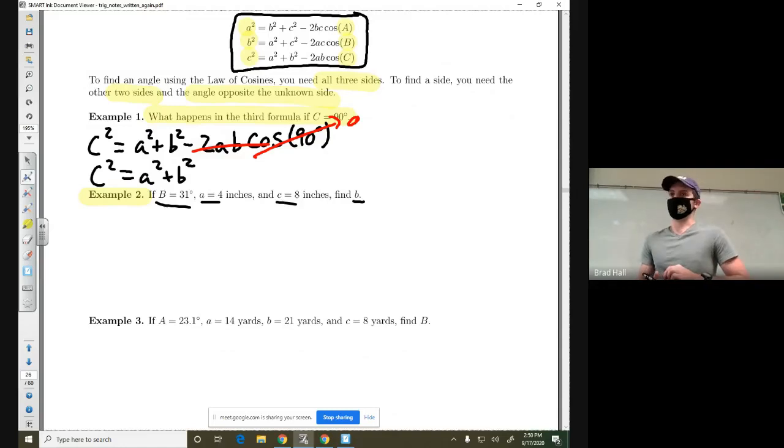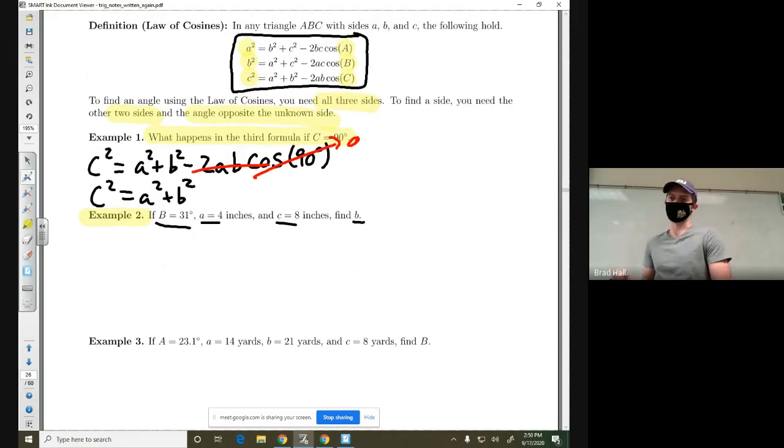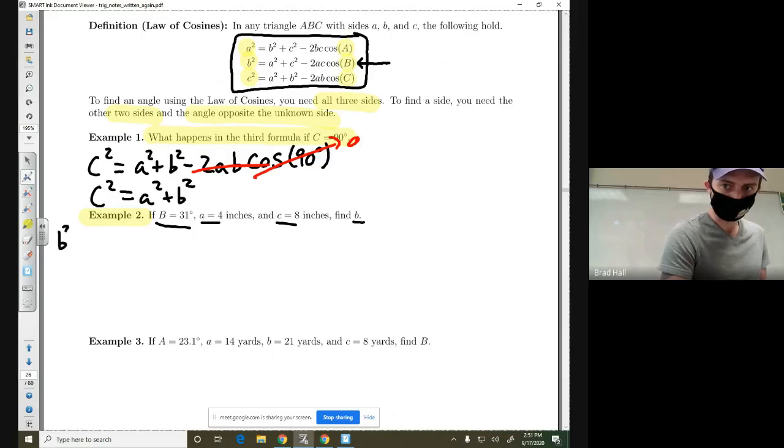So we need to figure out which one of these formulas to utilize. Well, I think it should be clear which one of these three formulas we should use. Probably the only one that actually has a capital B in it, because we have a capital B. So the formula we're using, I'm just going to rewrite it.